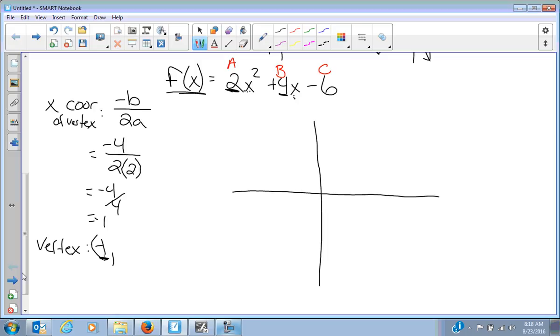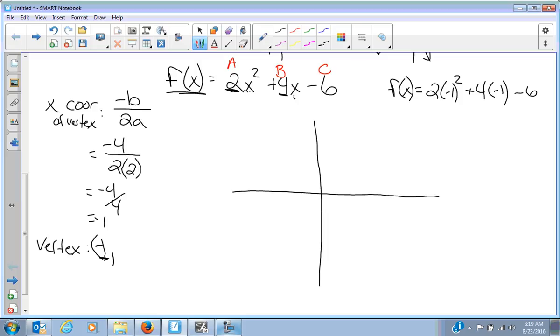Ladies? f of x equals 2 times negative 1 squared plus 4 times negative 1 minus 6. All you do is simplify that, and that will get you the y-coordinate of your vertex. And boom, once I got my x and I got my y, I've got my vertex. No guessing involved.